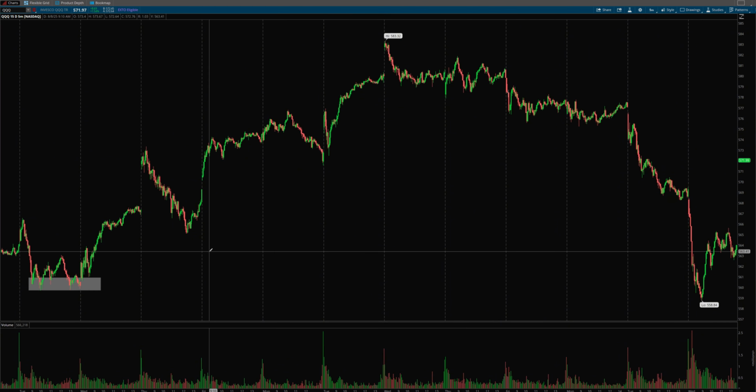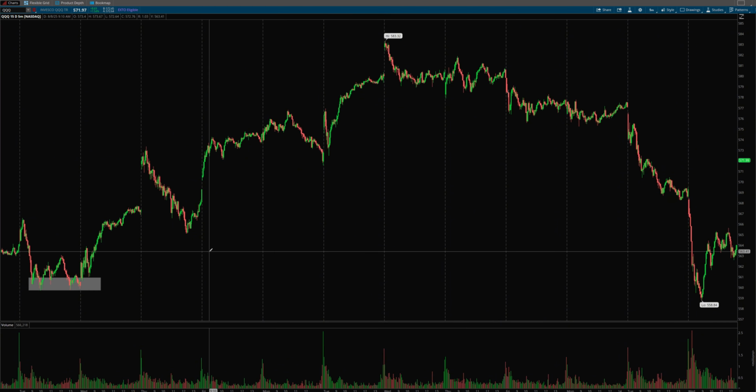But the first thing that we need to discuss is that there are different types of support and resistance. A lot of the time, you will hear the terms supply and demand being thrown out there, and sometimes support and resistance aligns with the supply and demand zones, but that is not always the case. So we are going to break down the difference and how you can use either of them in your trading.